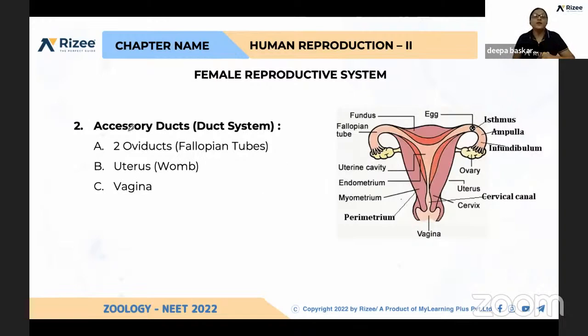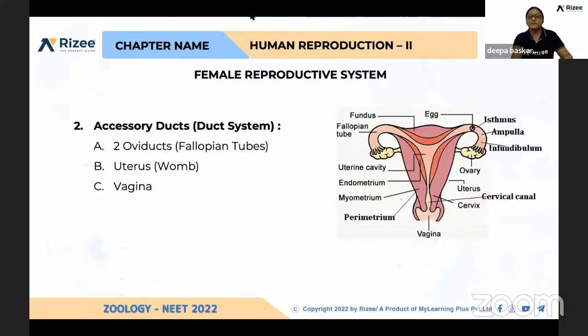Next, let us come to the accessory ducts. What are the accessory ducts present in male? Anyone please answer my question. What are the male accessory ducts?